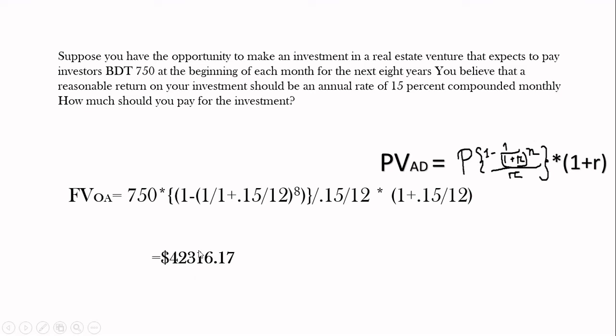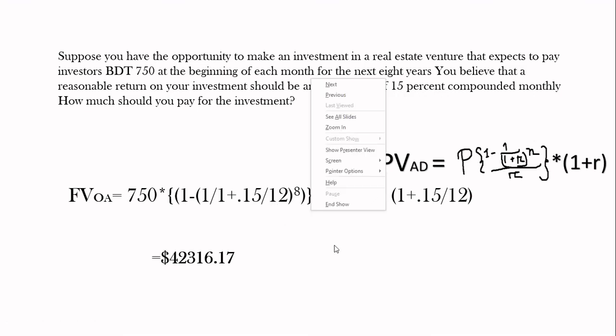I will recalculate it and you'll get the answer in the description box, and also in the comment section you can check it out, because I don't know how I made this mistake. But it said 15% compounded monthly, that means 12 months in a year, so 15% would be divided by 12.